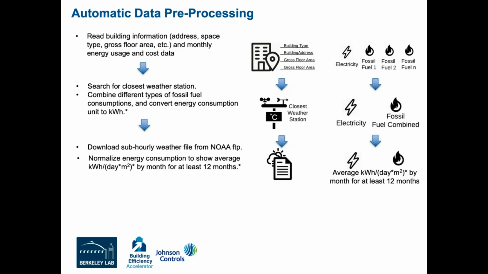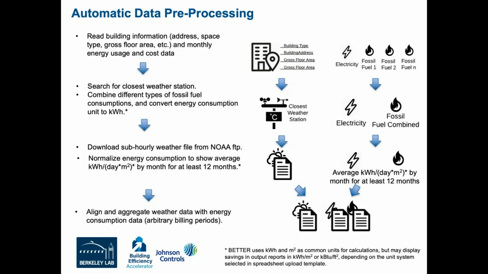Simultaneously, we'll be downloading a sub-hourly weather file from NOAA, and then we'll normalize the energy consumption to show average kWh per day per square meter or per day per square foot by month for at least the last 12 months. And we'll align that with weather data for those particular periods.